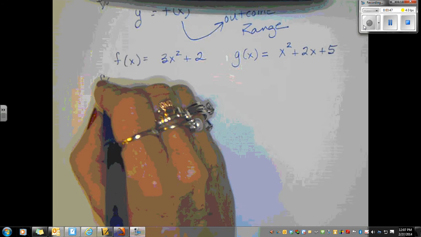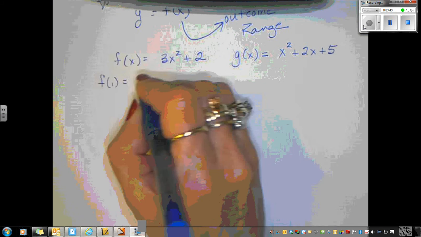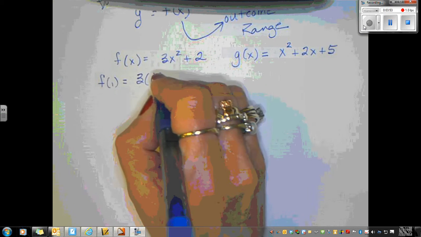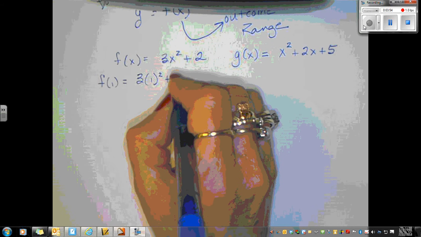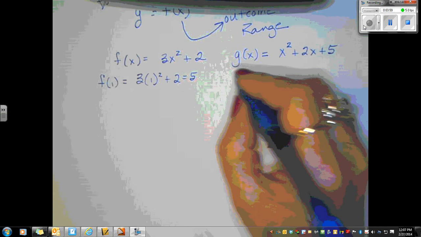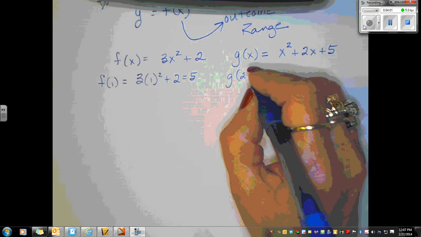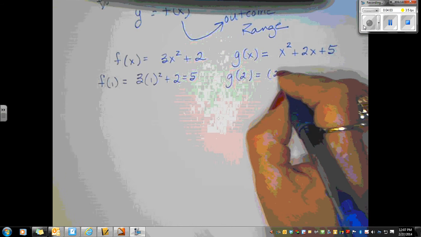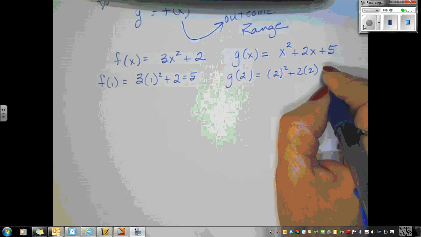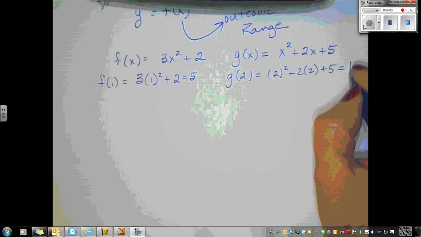What is f of 1? Right, 3 times 1 squared plus 2 is 5. Okay, who can tell me what g of 2 is? 2 squared plus 2 times 2 plus 5 is 13.